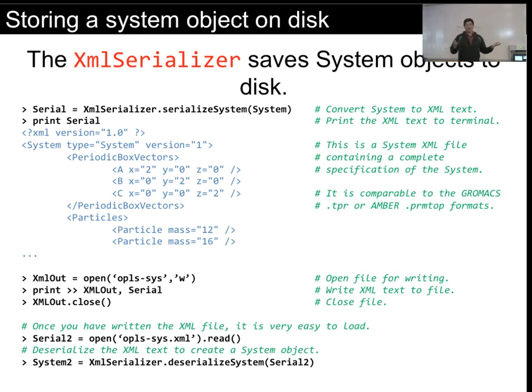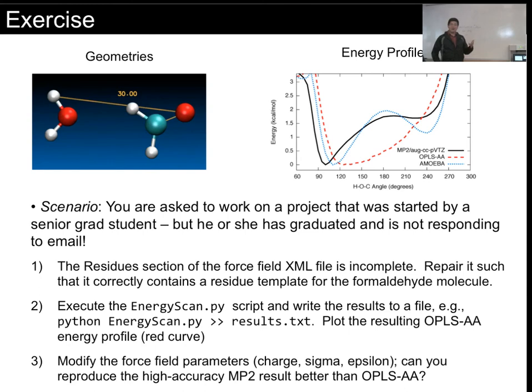Now the string can be written to an XML file. It's valid XML, but it's different from a force field XML, because the system XML is much longer. It specifies all the particles in your system, not just the number of residue templates. And once you have the serialized XML, you can write it to disk, and it can be read back in. So in the class diagram, that's another way to set up your system.